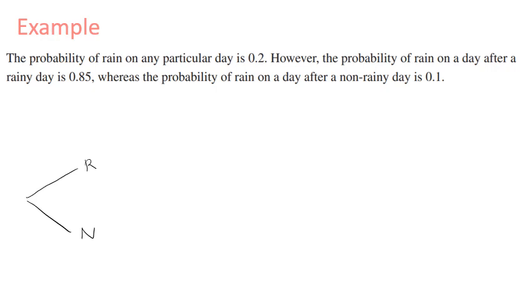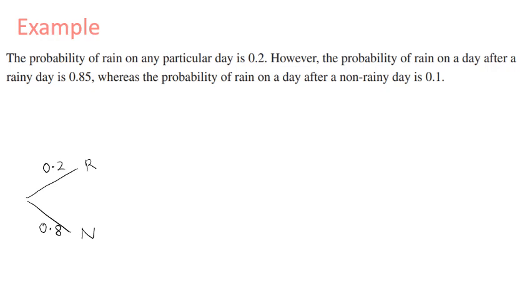Okay, so the probability of rain on a particular day is 0.2. So this is rain, 0.2. So that means the probability of not rain, these two probabilities must add up to 1. So 0.2 plus 0.8 will give us the full probability.